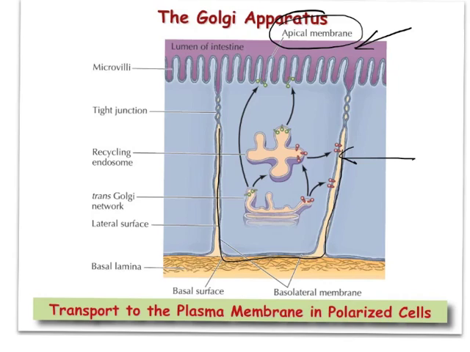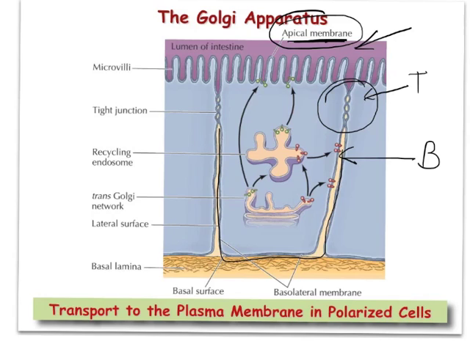cells. And then there are the tight junctions that are formed between adjacent cells in those epithelial tissues. Those tight junctions have substantially different protein composition from both the apical membrane as well as the basolateral membrane.